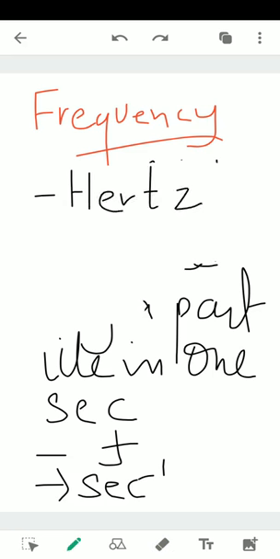Let me write it for you. Wavelength is the distance traveled by the wave in one time period of vibration.